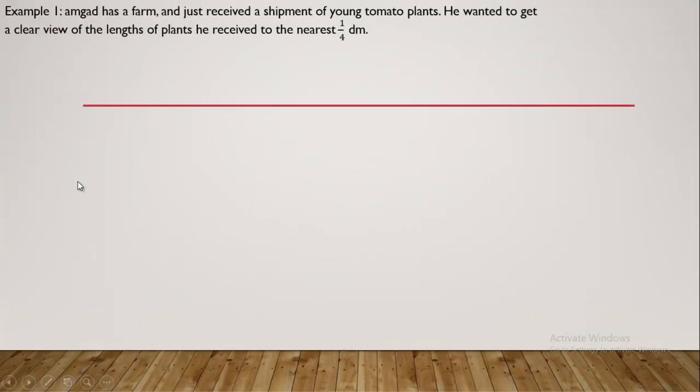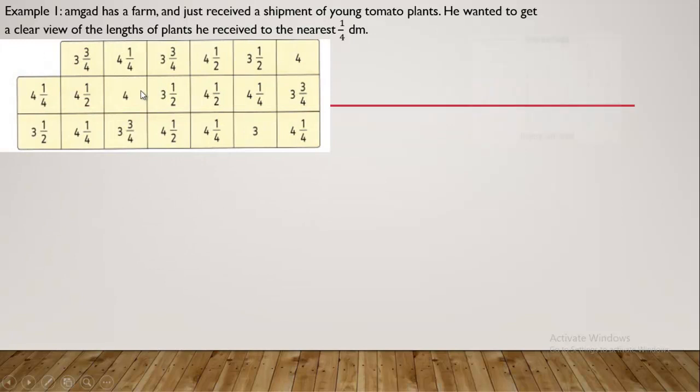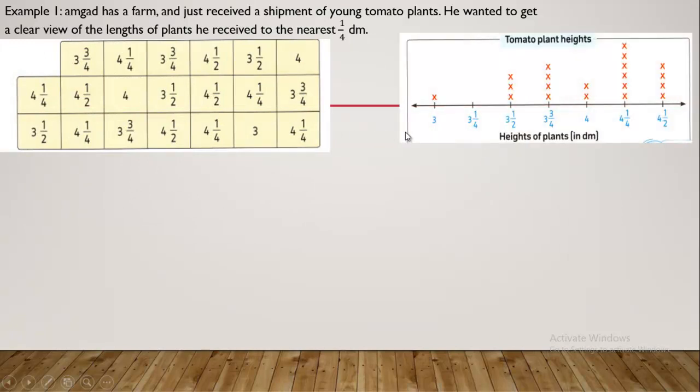Example number two. Amgad has a farm and just received a shipment of young tomato plants. He wanted to get a clear view of the lengths of the plants. He measured them to the nearest 1/4 decimeter. So we have this data and I represent it to you in the line plot. 3 is repeated one time.